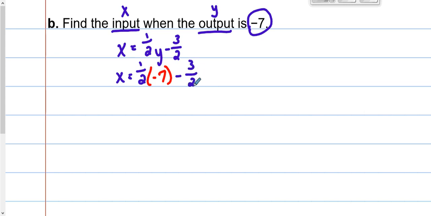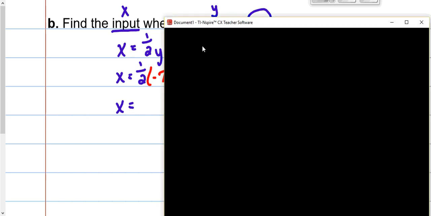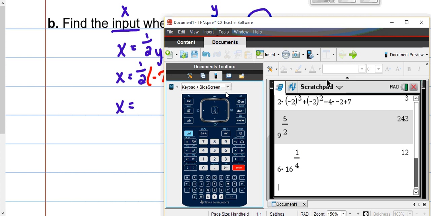Now guys, you can put that part right there directly into your calculator. So if you put that directly into your calculator, you are going to put in 1 divided by 2 times, in parentheses, -7, close your parentheses, minus, make sure you use the minus and not the negative, 3 divided by 2.